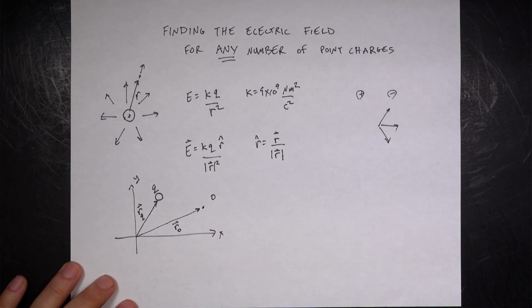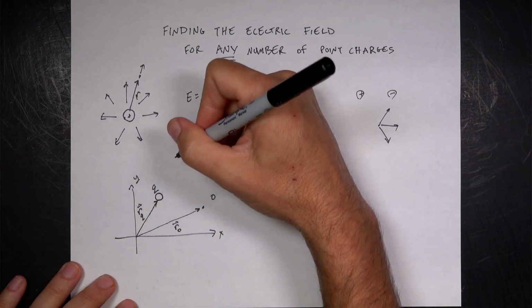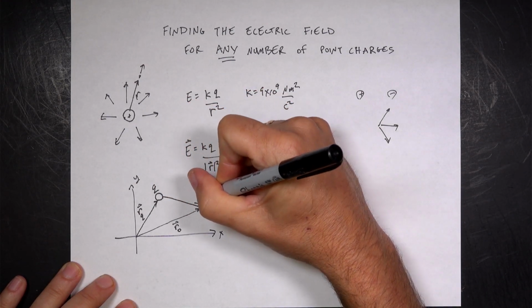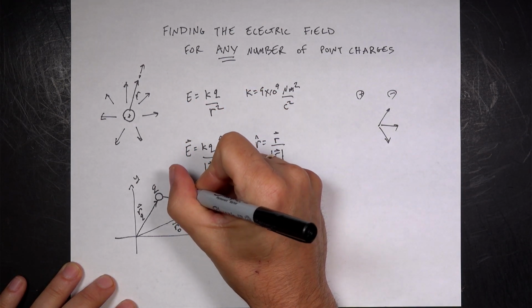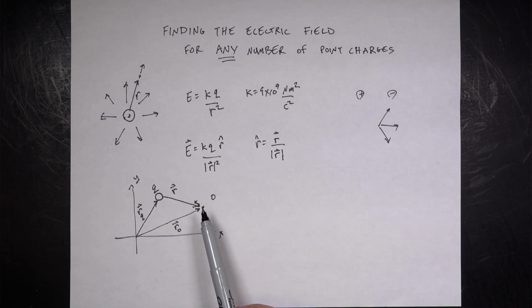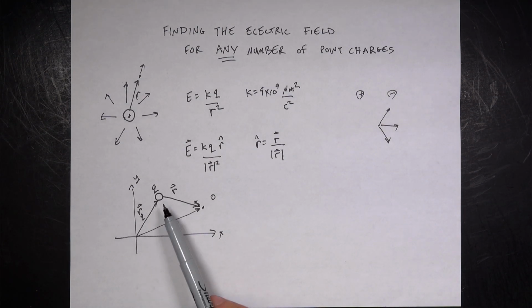So what I need in this equation is this vector, R. You see here, if I know the vector location of the charge and I know the vector location of the observation location, then I have this triangle.